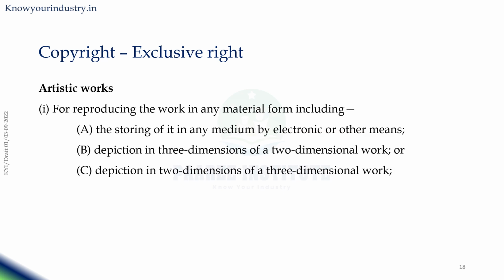The exclusive rights associated with artistic work under copyright protection are: the right to reproduce the work in any material form, including the storing of it in any medium by electronic or other means, depiction in 3 dimensions of a 2-dimensional work, or depiction in 2 dimensions of a 3-dimensional work.